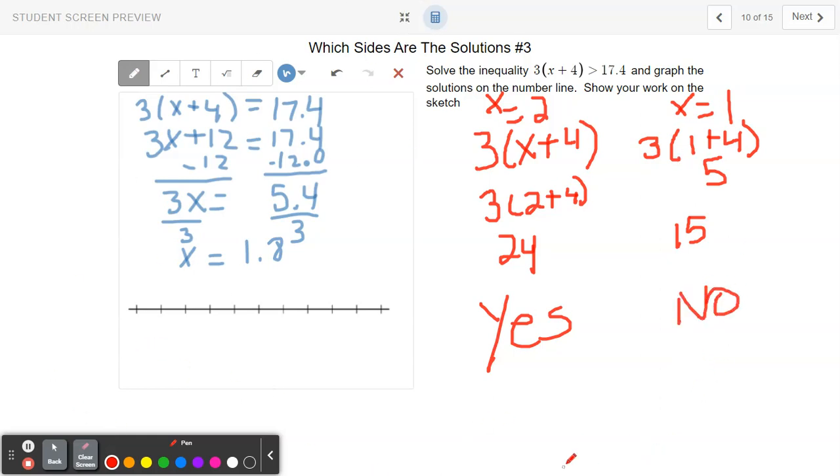So I know now, if we put in for x anything bigger than this 1.8, like 2, it's going to work. If we put in anything less than 1.8, it's not going to work. And can x equal 1.8? No, because 17.4, which is what we get when we put in 1.8 here, is not greater than 17.4.